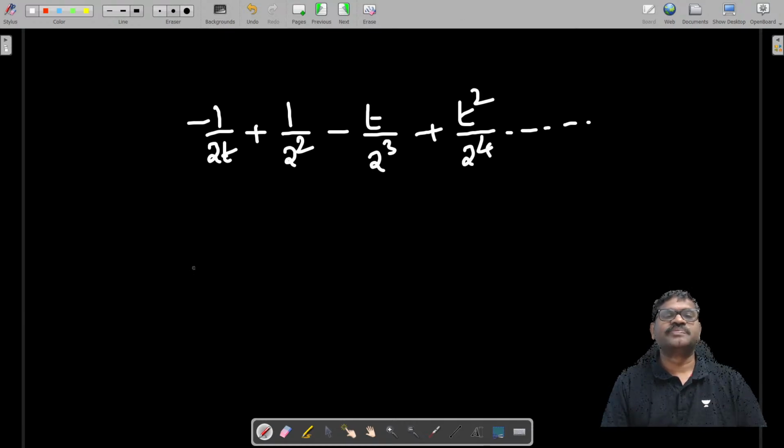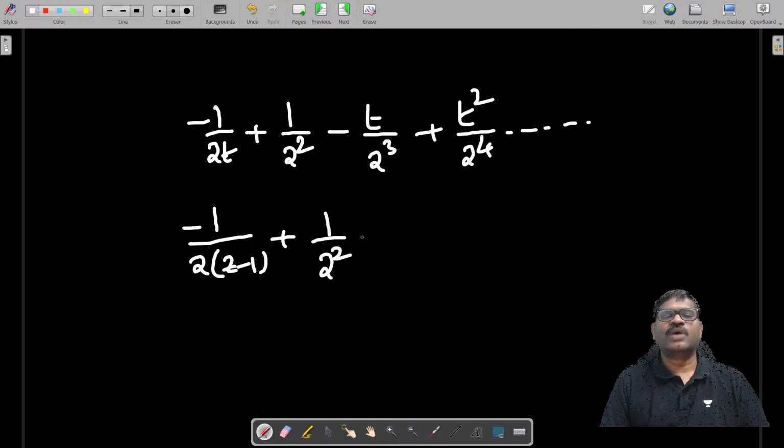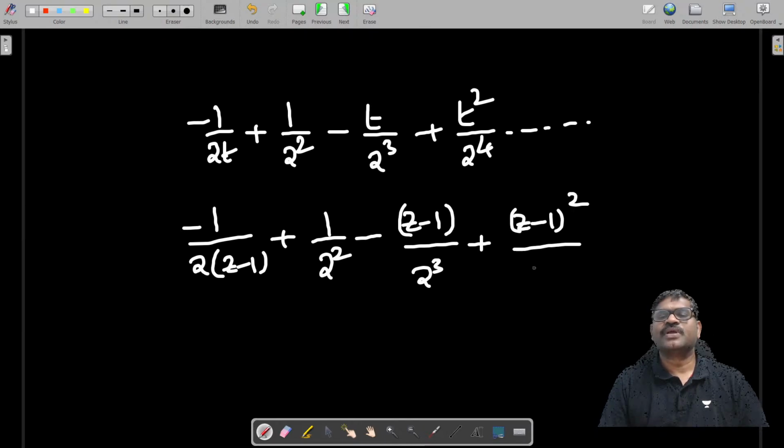and so on. That is minus 1 by 2 into z minus 1, plus 1 by 2 square, minus z minus 1 by 2 cube, plus z minus 1 whole square by 2 power 4 and so on.